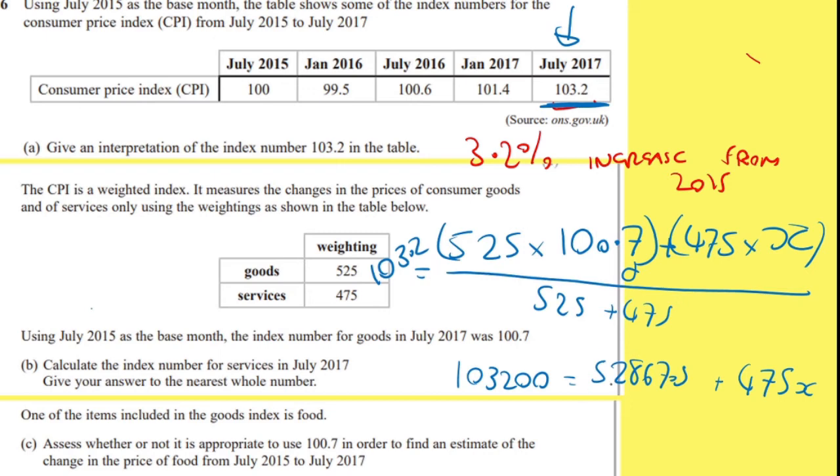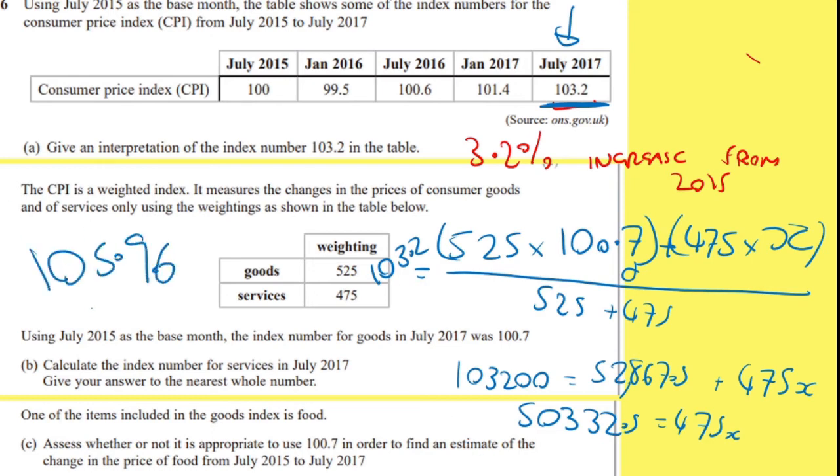So I'm going to minus both sides by 52,867.5 from 103,200, which gives me 50,332.5 equals 475x. I'm going to divide both sides by 475, which gives me the answer of 105.96.